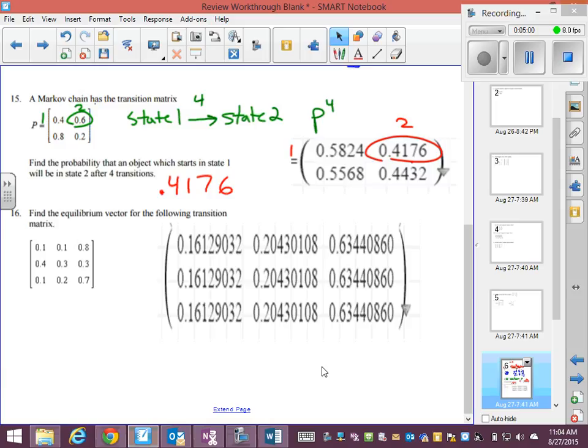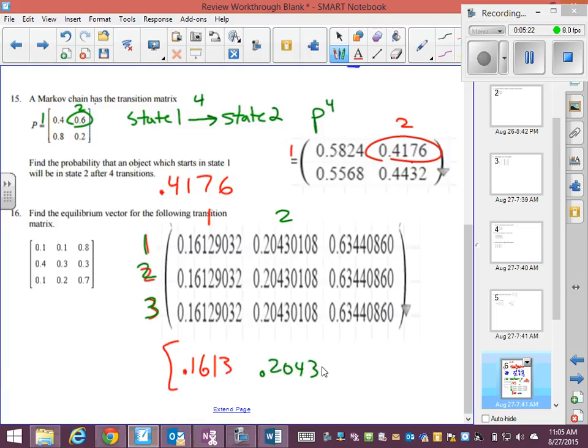So what this means is whether you start in state 1, 2, or 3, the probability of ending in state 1 is 0.1613. I'll round up to 4. And whether you start in 1, 2, or 3, the probability of ending in state 2 is 0.2043.